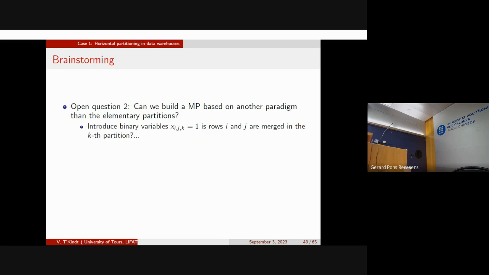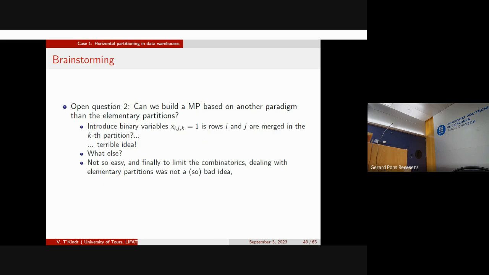Well, we could build an IP based on another paradigm, but it's not a good idea. That's terrible. If you put the number of rows into the game, like what I just sketched here, the number of variables will be so huge that you can't do anything. I think the best idea is still to limit the combinatorics by dealing with the elementary partitions and trying to limit them.